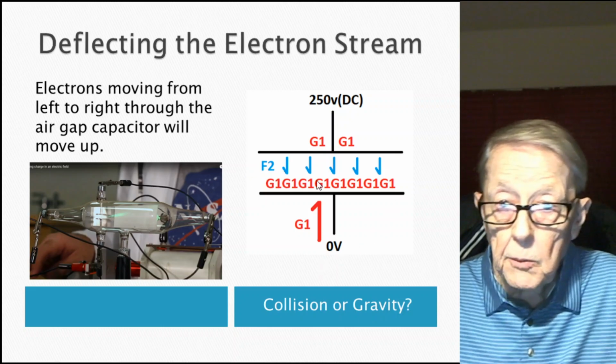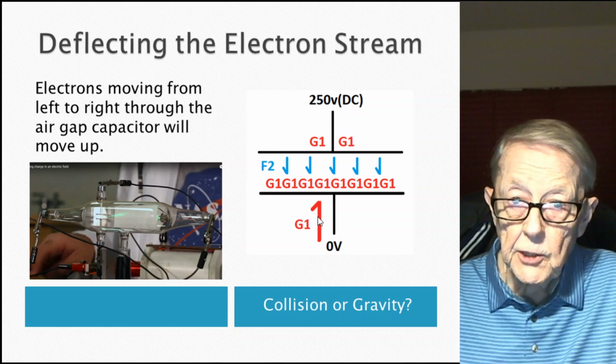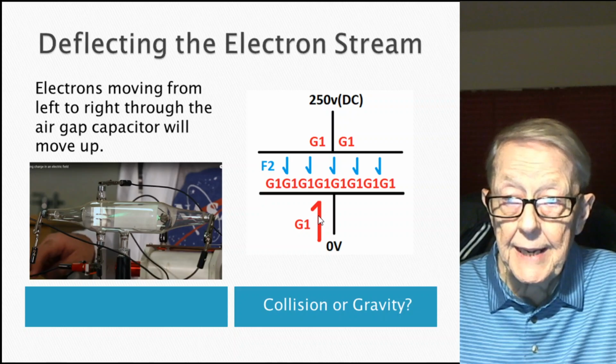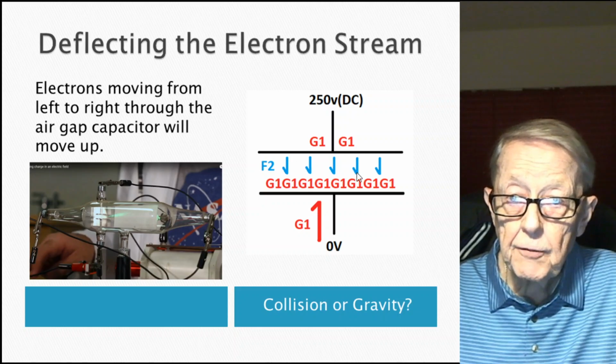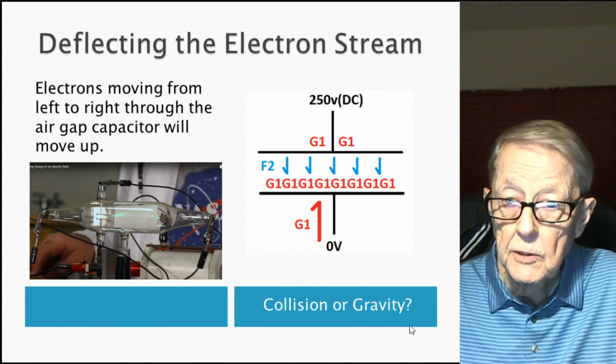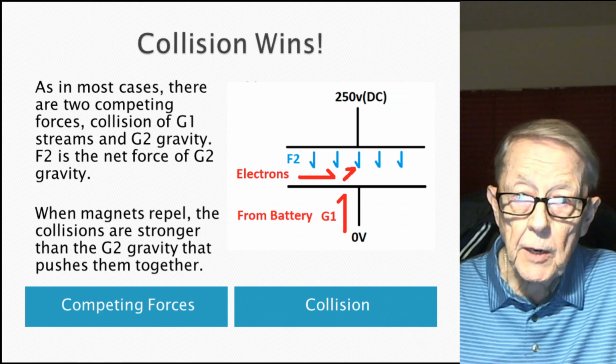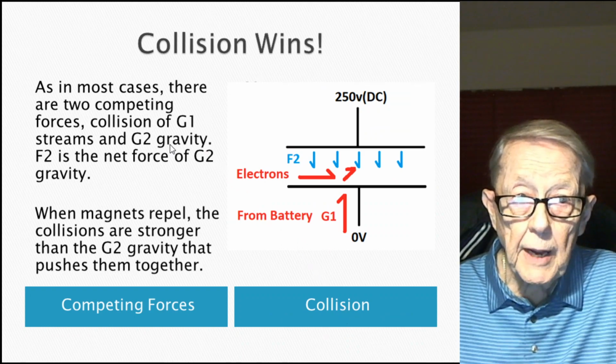G1's up, G1's through, F2 down. When G1s hit G1s, that's a collision. F2 is the net force of G2 gravity. So which one is it? Well, this is my answer.